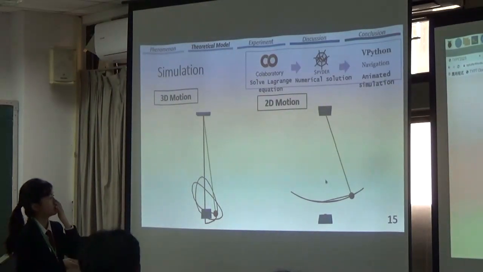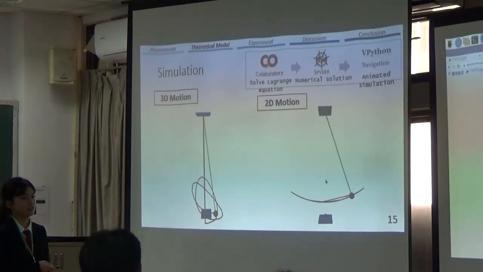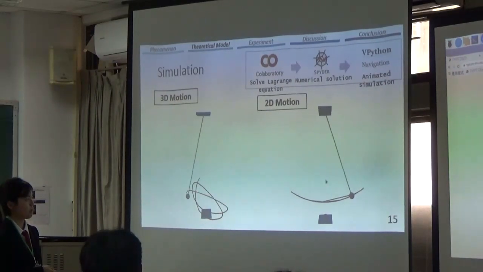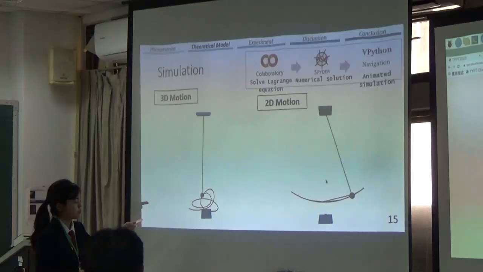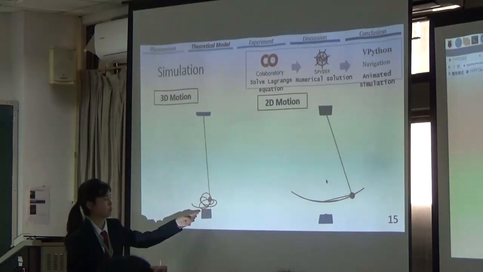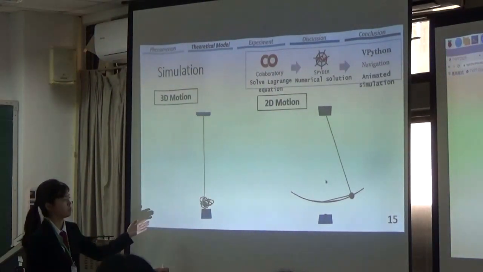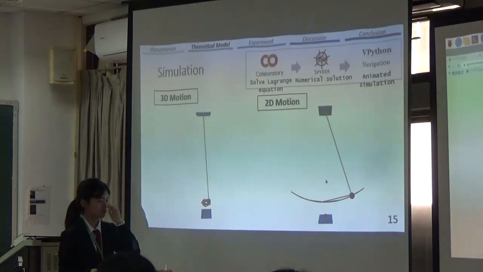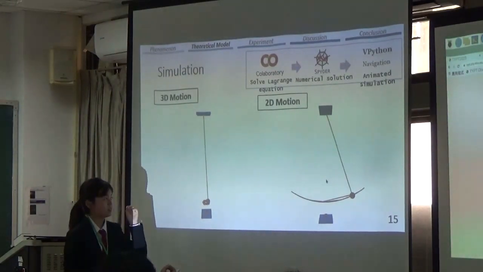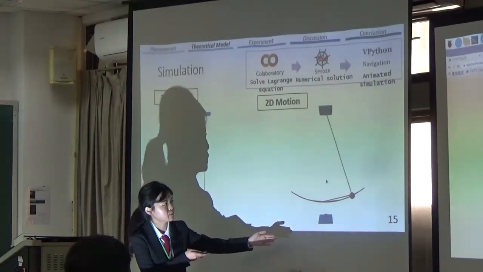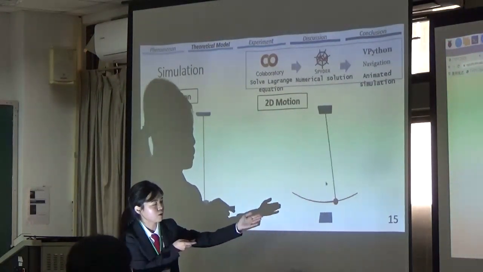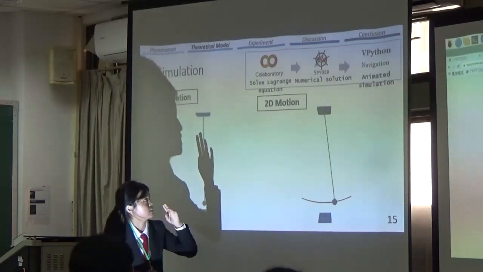This is the simulation of the experiment. This is when we give a force to the side of the magnet. It will create a 3D motion, and this is when the pendulum only swings in 2D motion.